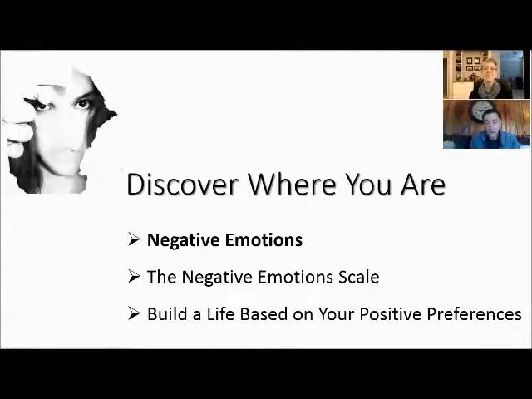And so what's interesting about the negative scale is it moves from anxiety to frustration, to blame, to hate, to anger, to resentment, and so on. And it's building up towards powerlessness. And then on the opposite end of the scale, if anxiety is the starting point of negative emotion, hope is the starting point of positive emotion.